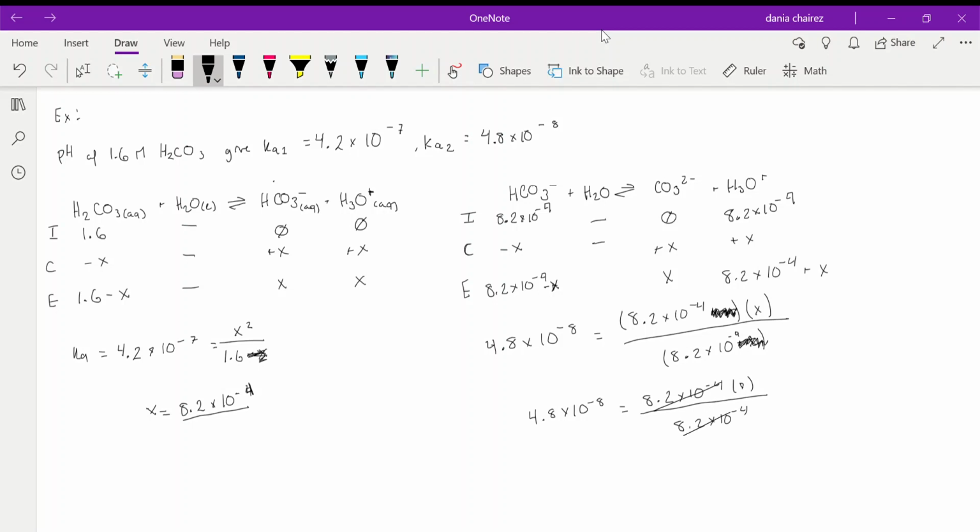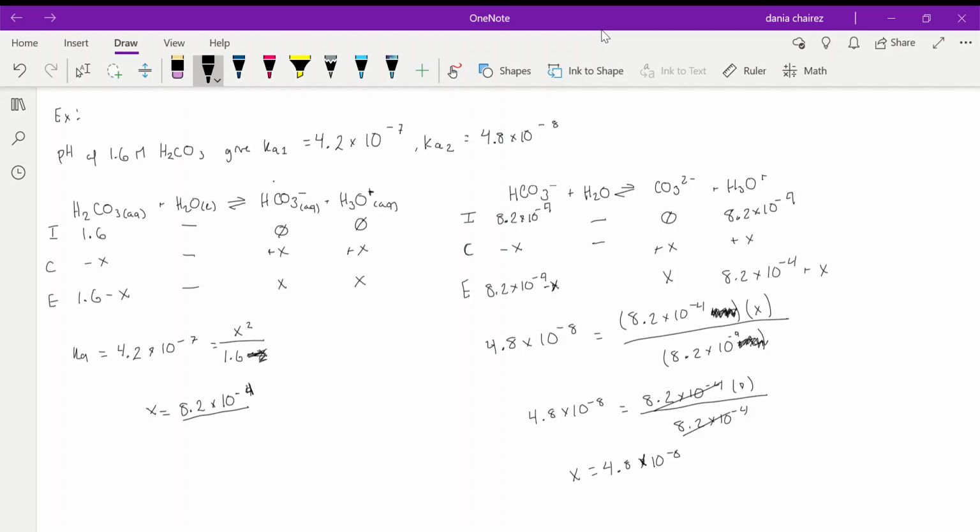These numbers are the same, so they cancel. So essentially your x is going to be equal to your Ka most of the time, well, your second Ka. And then if I wanted to find the final concentration of all of my products, then I would just add or subtract x to all of them.